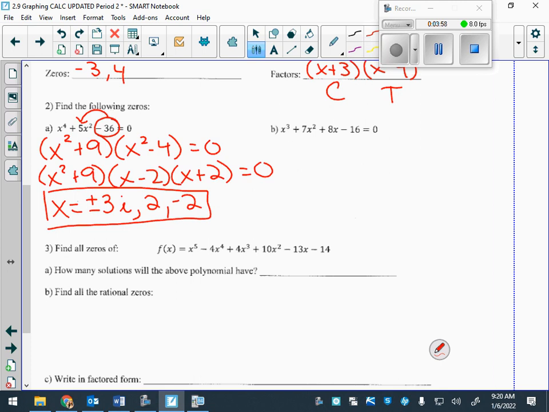Now B, you can't factor by grouping, so we have to use synthetic division, by testing zeros. Did anyone find the zeros for this? Yeah, Campbell. 1 was the first one that worked.